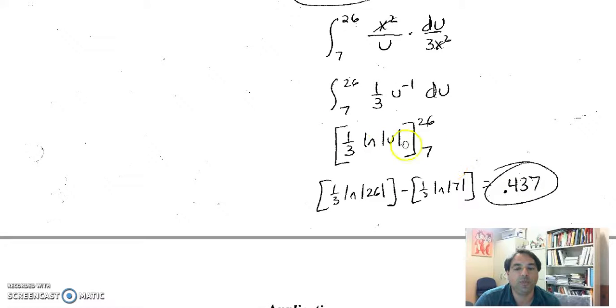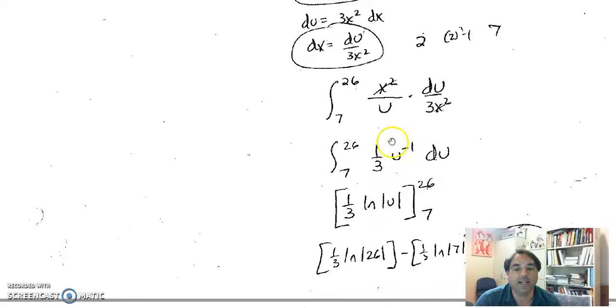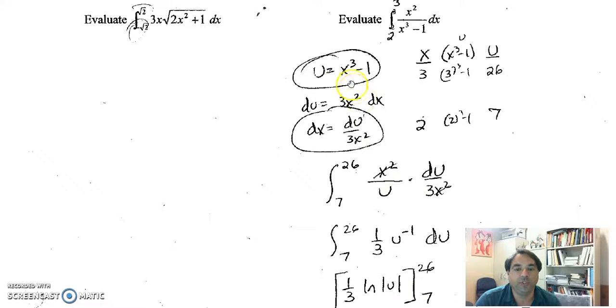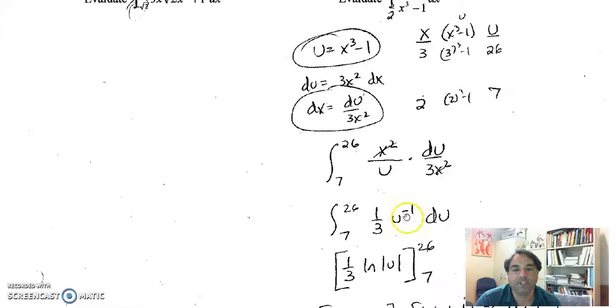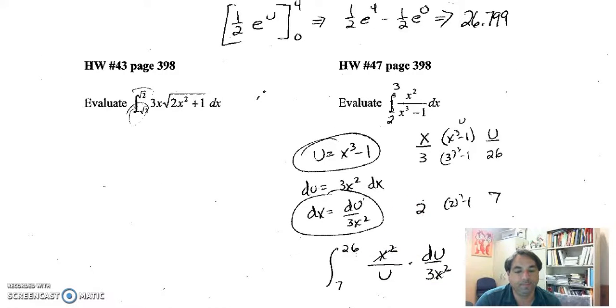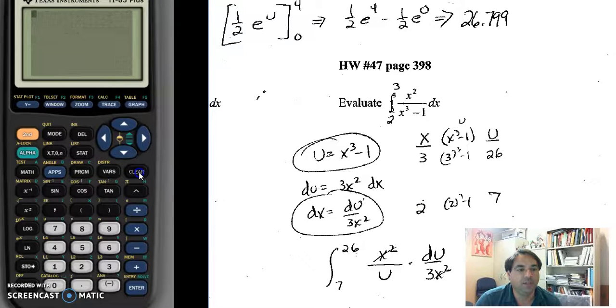Again, at this point, when you had 1/3 natural log absolute value of u, if you want to go back to x, you can. Instead of u, you put x cubed minus 1, and then you'd plug in the 3, and you'd get 26. Plug in the 2, you'd get 7. It'd be the same process. Let's check it in the calculator. Be careful how we type it in. So we hit math 9.